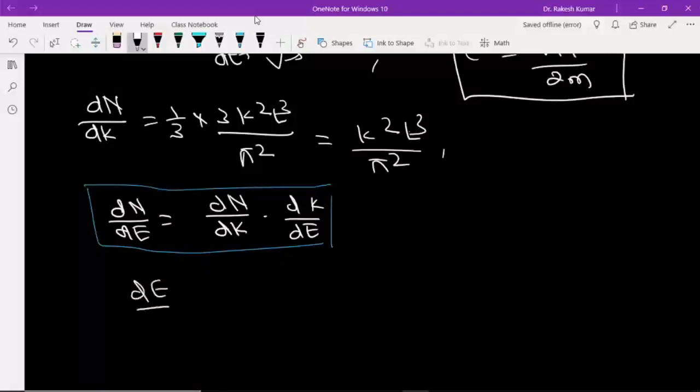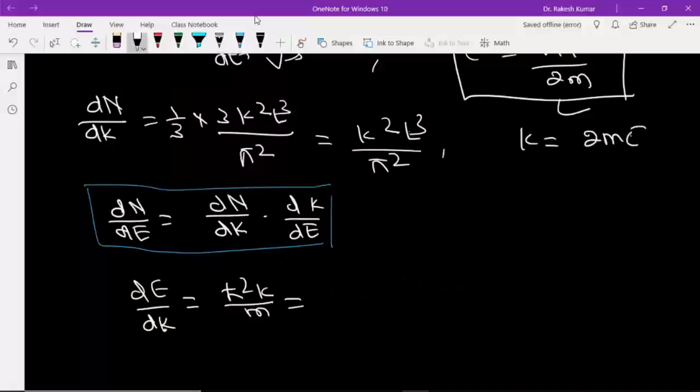So it's easy to determine dE by dk, and then we can take the reciprocal of that number. So dE by dk, which is equal to h cross square k by m. From here we can write k equal to square root of 2mE by h cross square.